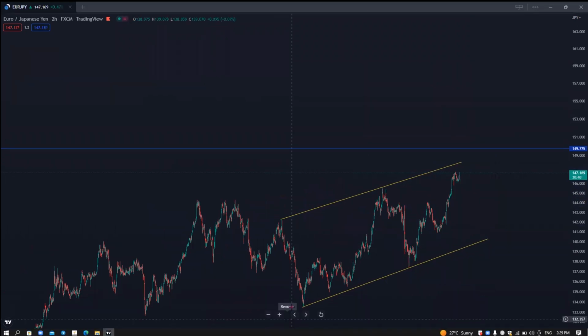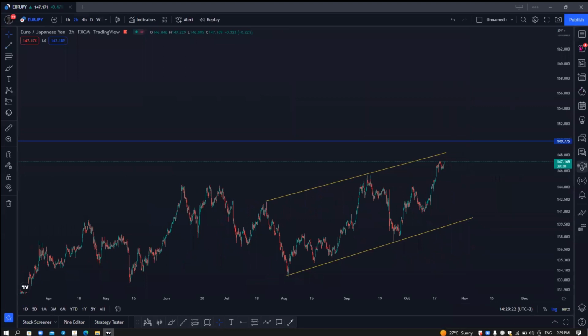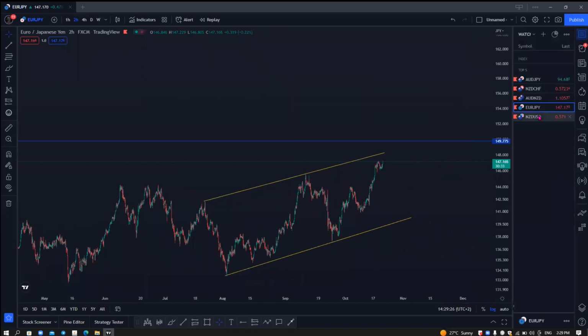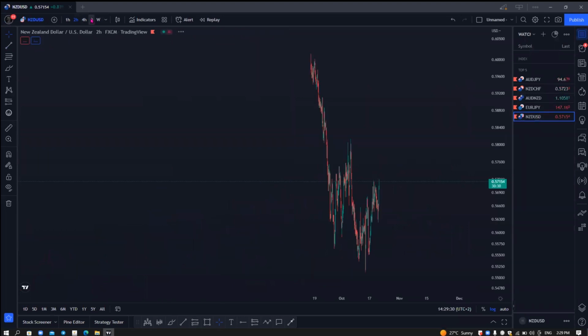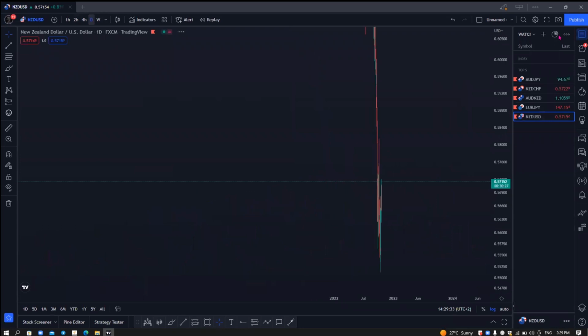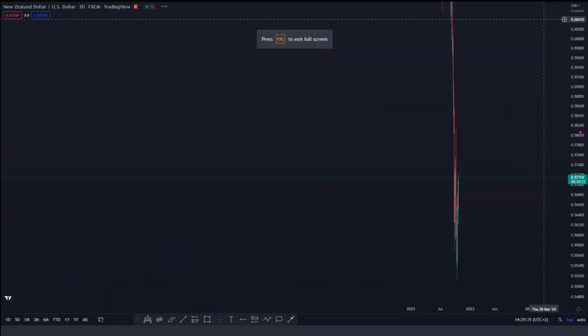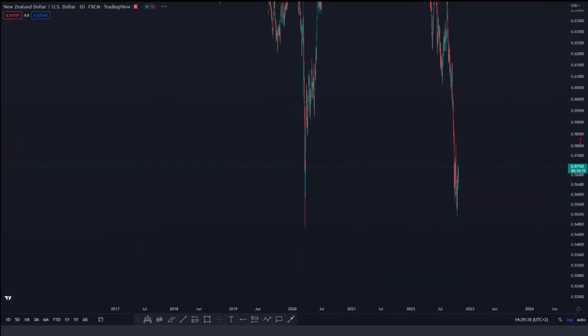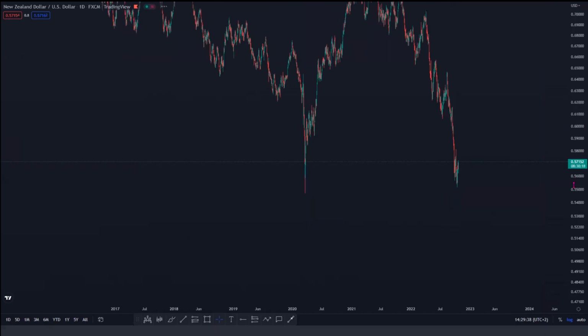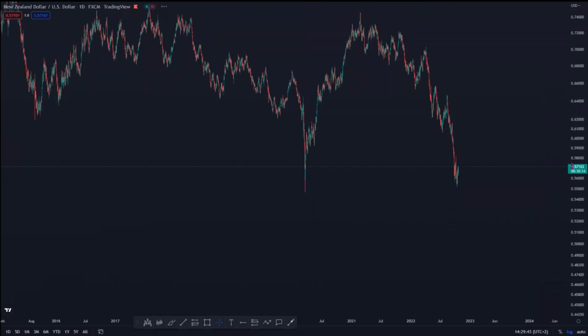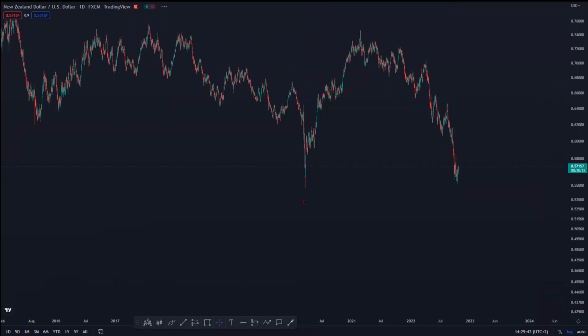And let's see another pair, which is NZDUSD. The last one. So guys, on NZDUSD, you remember guys, hey, now I forgot the name, is it AUDNZD?